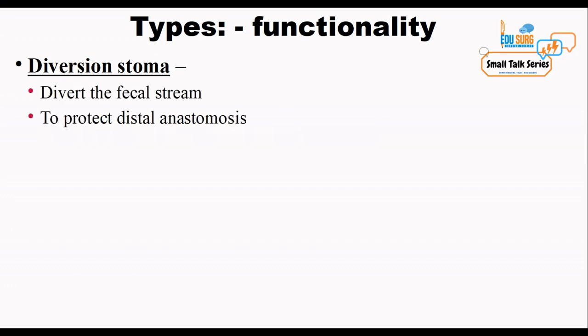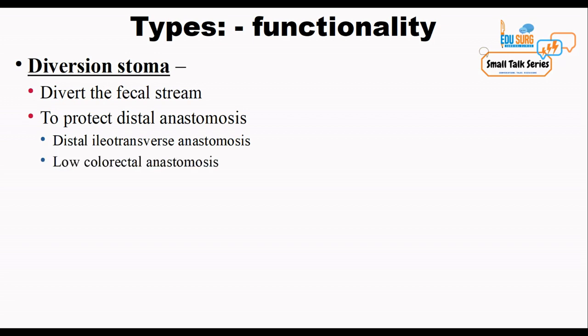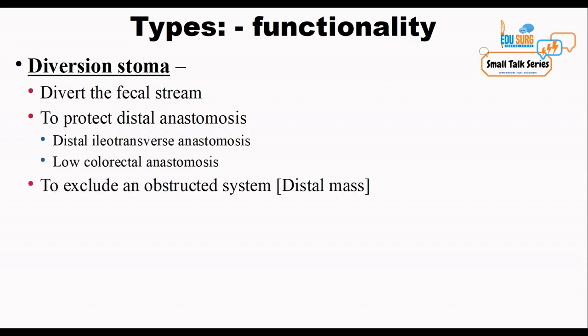Based on functionality, that is, why is the stoma created? A stoma can be created for diversion of the fecal stream to protect the anastomosis, such as a distal ileotransverse anastomosis or a low colorectal anastomosis, or it can be diverted to exclude an obstructed system, for example, a distal mass which cannot be resected at the moment.